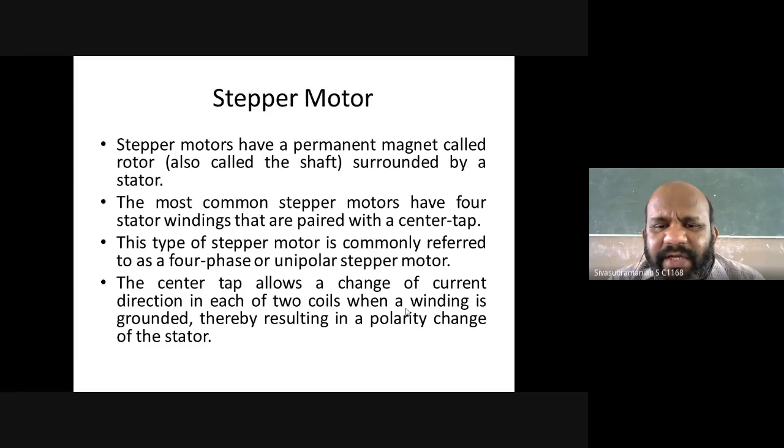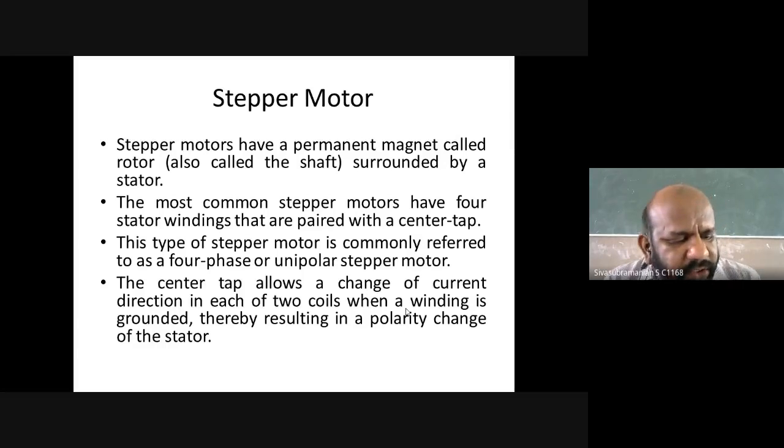The purpose of the center tap is to make sure the current direction in each of the coils available on the windings can be set, based on the current direction that we want to give. It is done through the use of a center tap placed in between the 4 stator windings. Okay, and this arrangement is what we basically call a 4-phase or a unipolar stepper motor, right? Just because there are 4 stator windings, it is a 4-phase stepper motor, right?